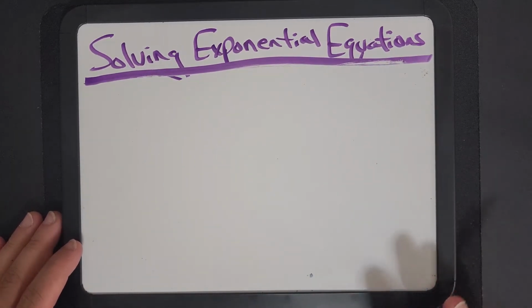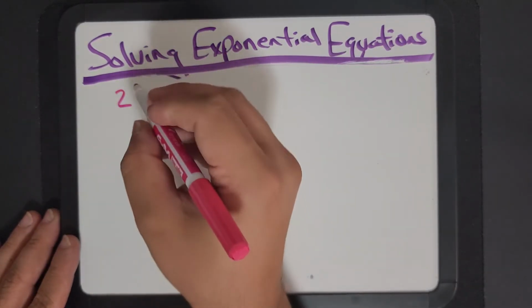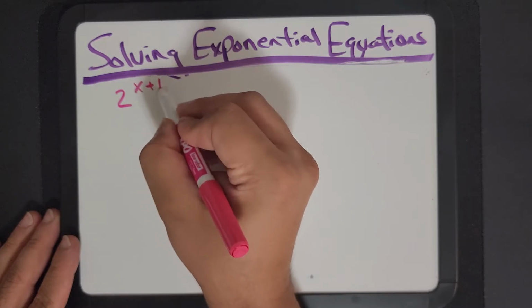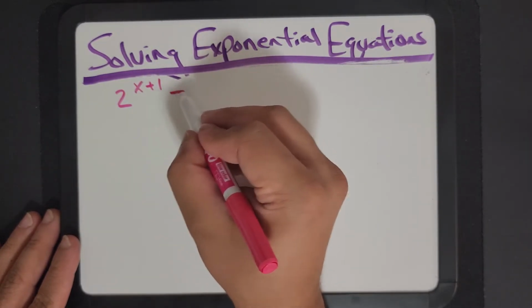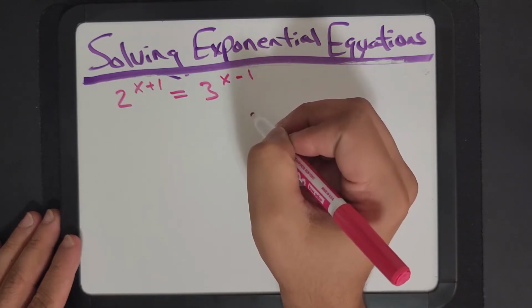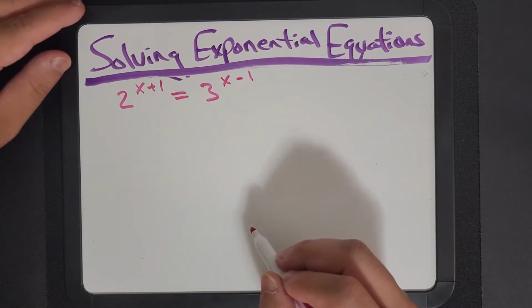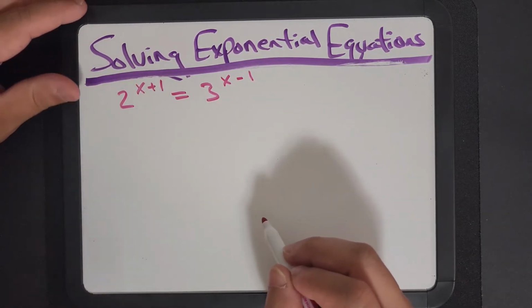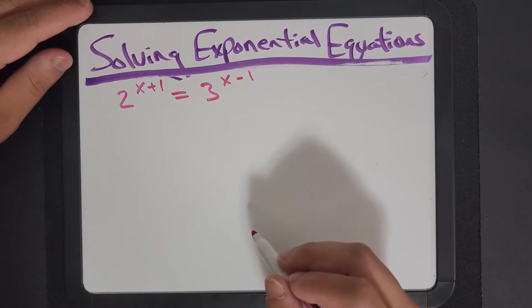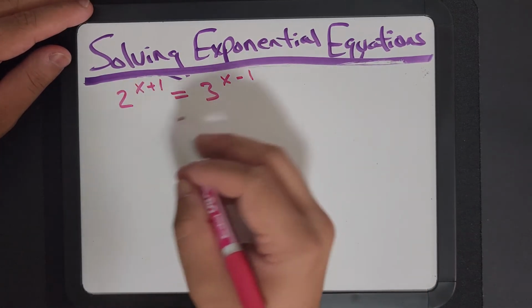Let's do one more. Let's do this. 2 to the power of x plus 1 is equal to 3 to the power of x minus 1. And let's try solving this. Try to find the exact value of this.